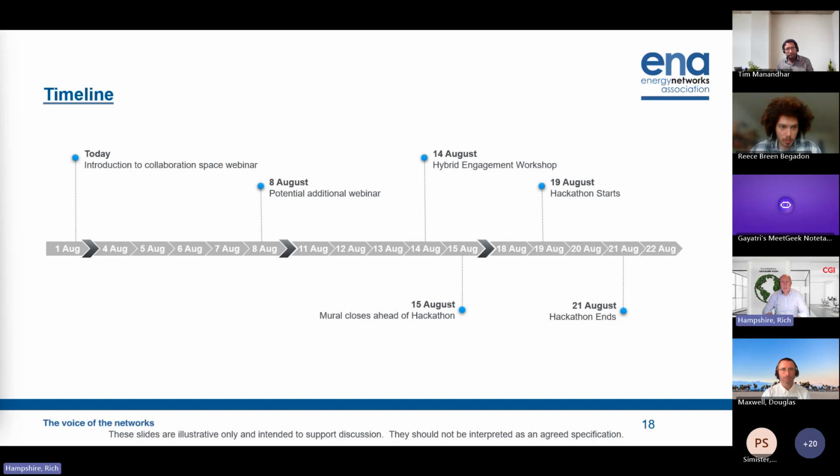So on the 19th of August, that will be a familiarization session, and then over the rest of the 19th and the 20th, an opportunity to familiarize yourself with the code, drop in, ask questions, and explore with the development team.